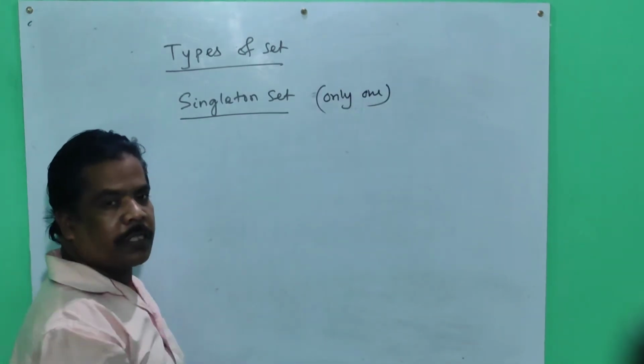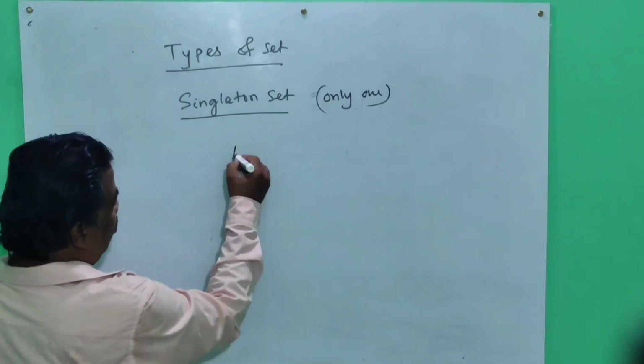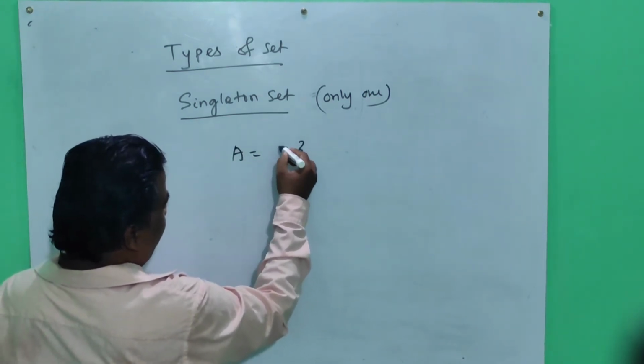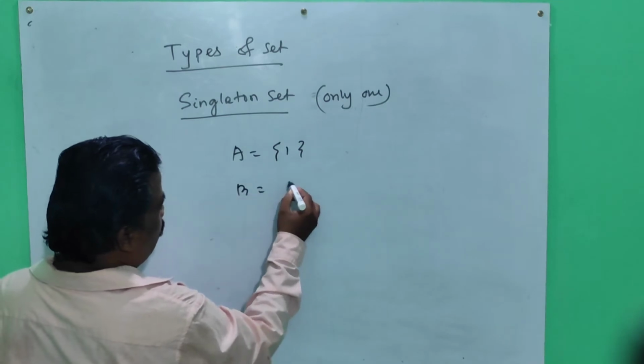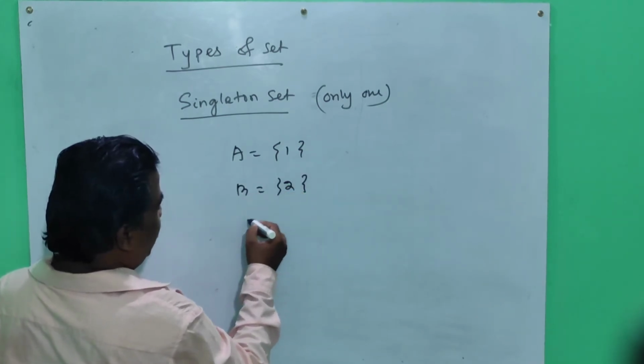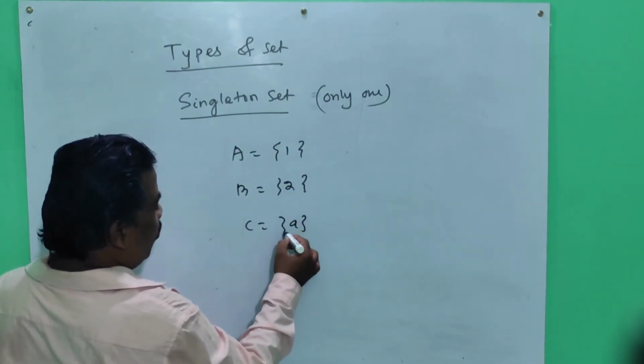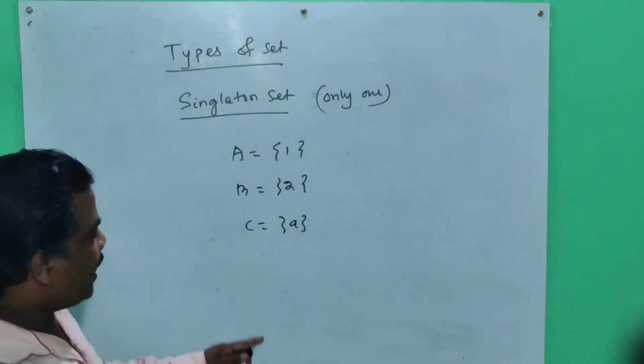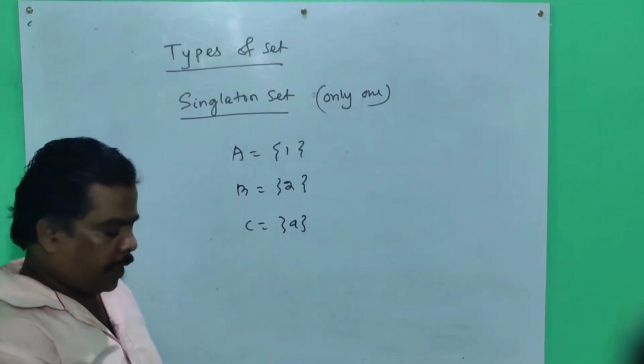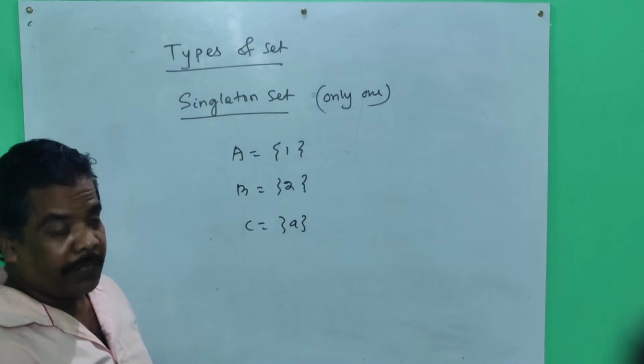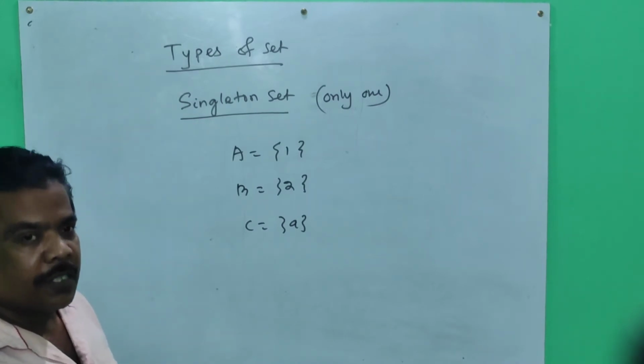Example: A is equal to {1}, B is equal to {2}, or C is equal to {a}. Here we find all sets contain only one element. If a set contains only one element, then we say it is a singleton set.